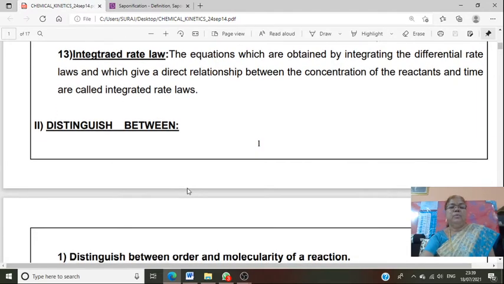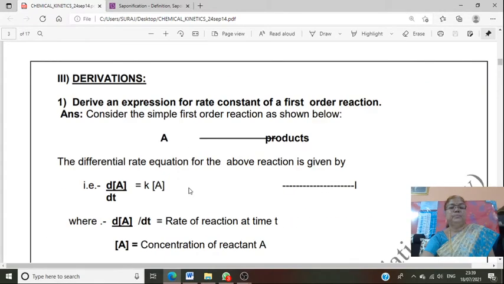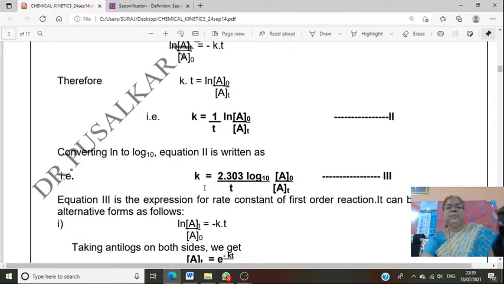Here we see one by one. Here is the derivation for first order reaction, and you know the first order equation is this. K is equal to 2.303 divided by t into log of initial concentration a divided by the concentration at time t, and we write this as a minus x.